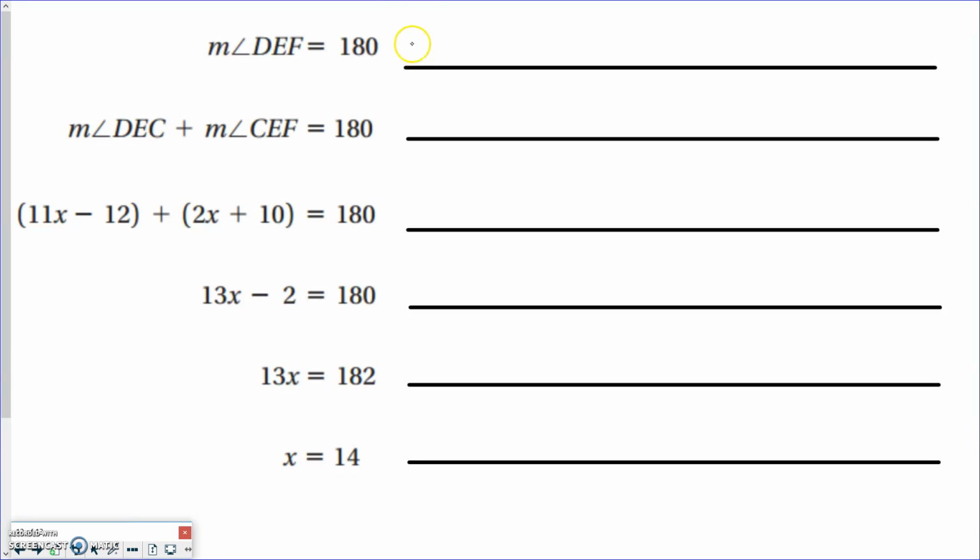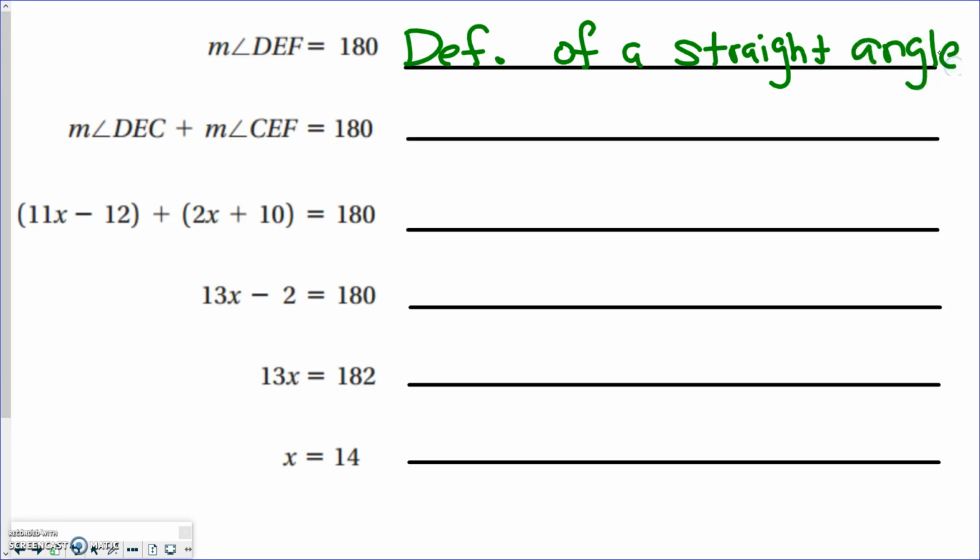That's just the definition, which I'm going to abbreviate, of a straight angle. The measure of angle DEC plus the measure of angle CEF equals 180 degrees.